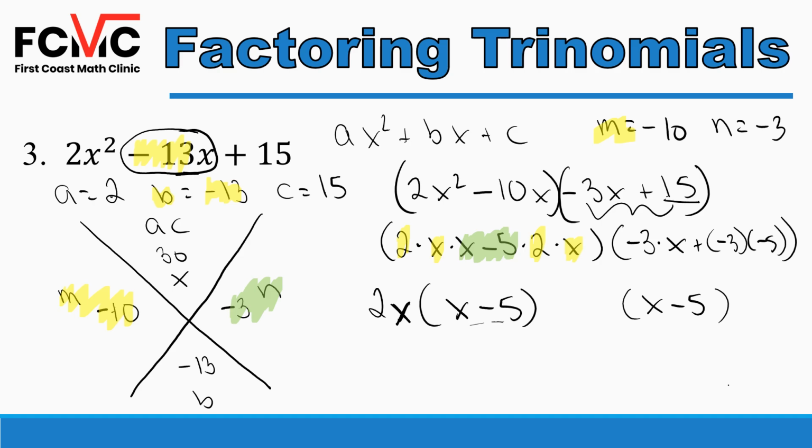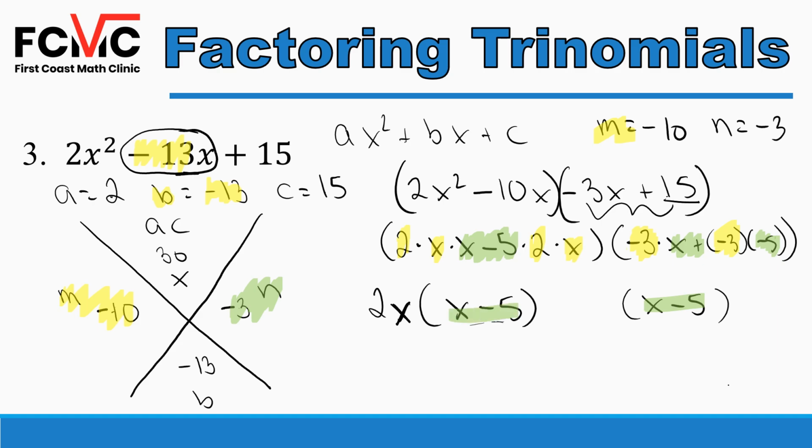Now, when I do this, I still have a minus 3, and the minus 3 I could pull out. That's my GCF, my greatest common factor. And I've got in common x minus 5 left inside the parentheses. There's my x minus 5, x minus 5.